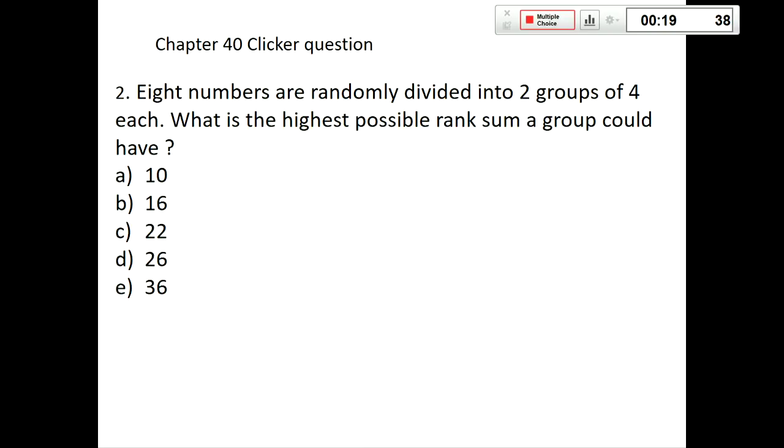What? Yeah, that's the whole point. They can be any 8 numbers. What's the highest possible rank sum? I should have put other numbers too. That's the best thing about making a mistake.